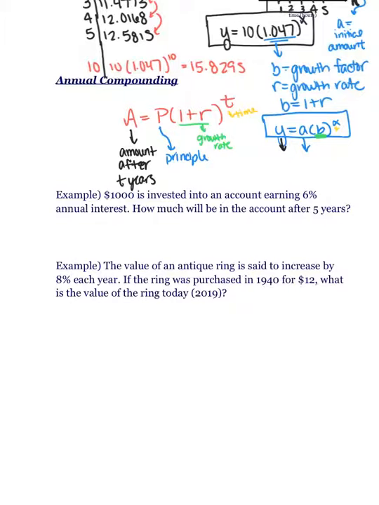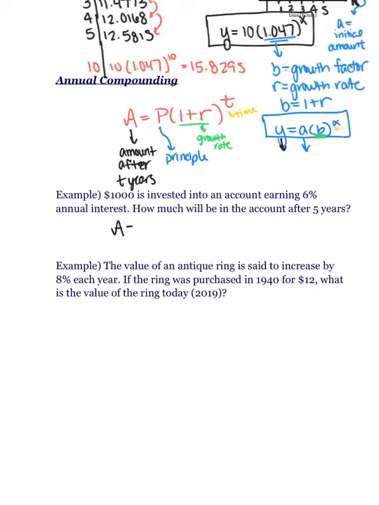So when I do annual compounding, I really just have an exponential growth function, and I'm just putting very specific letters in to stand for what I'm talking about. So my example is $1,000 is invested into an account earning 6% annual interest. How much will be in the account after 5 years? So I want to know how much is in this account.